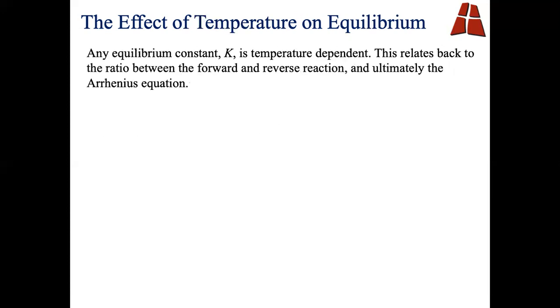All right, and finally, for our pre-lecture video, we can also talk about the effect of temperature on equilibrium. I believe I've said before, but we'll state now officially, any equilibrium constant K is going to be temperature dependent. This ultimately relates back to our ratio between our forward and reverse reactions, which are, of course, ultimately derived from our Arrhenius equation.